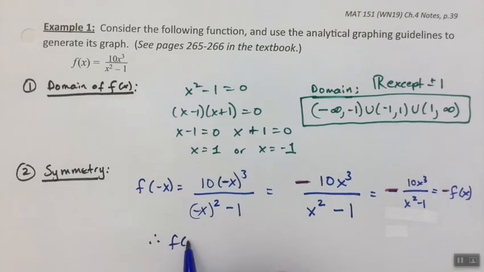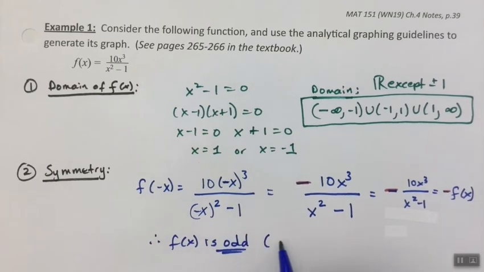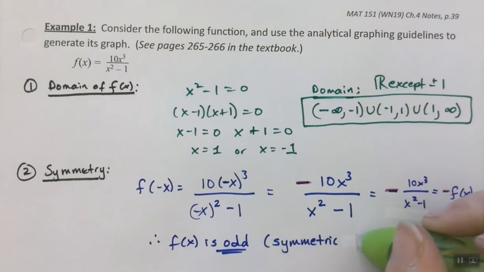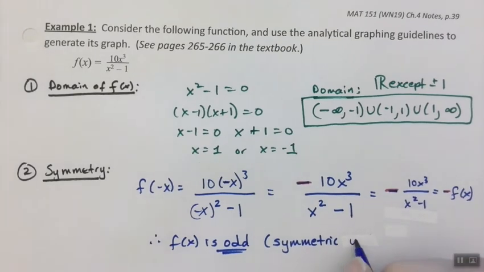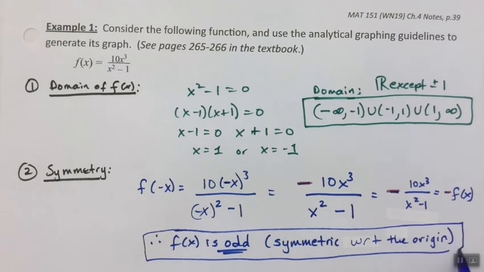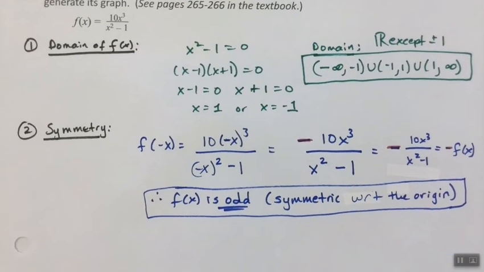Therefore, f of x is odd, and therefore symmetric with respect to the origin. I'm not going to write those words. WRT, the origin. Okay, that part's done. Next, part 3. We need to find f prime and f double prime.